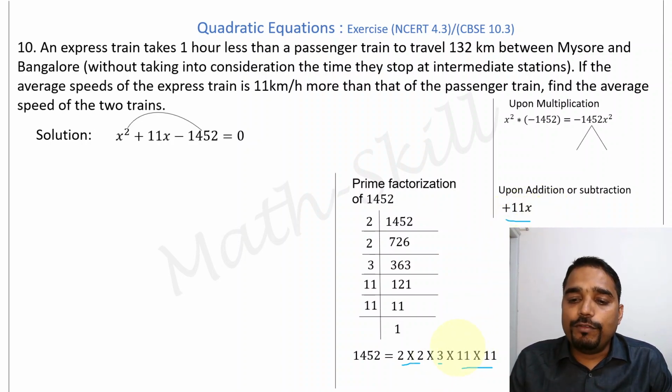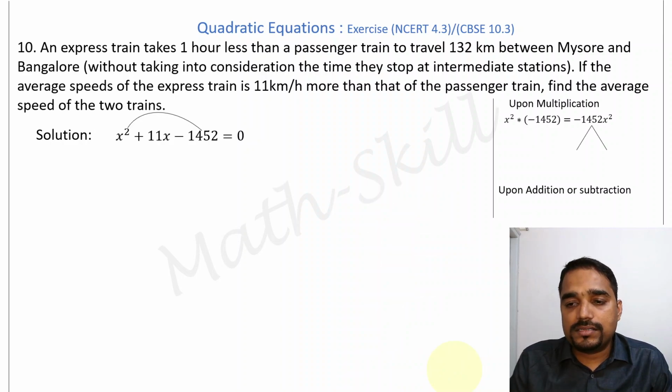If we select the factors as 11 multiplied by 4, that is 44, and 11 multiplied by 3, that is 33, then 44 minus 33 would be 11. So 44x and 33x would be selected as the factors.